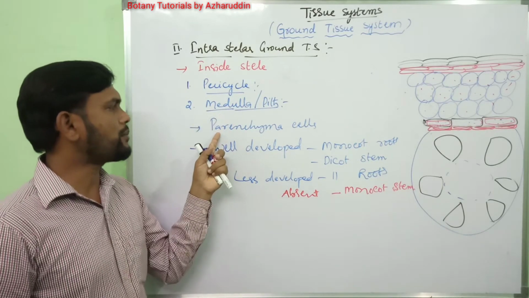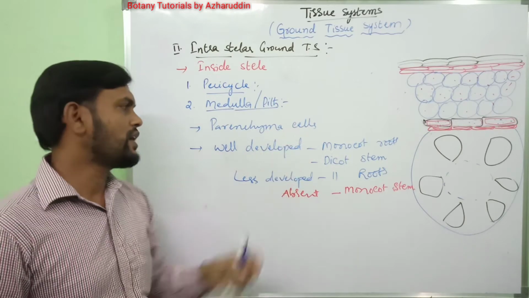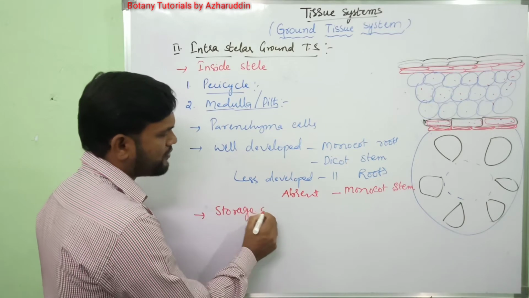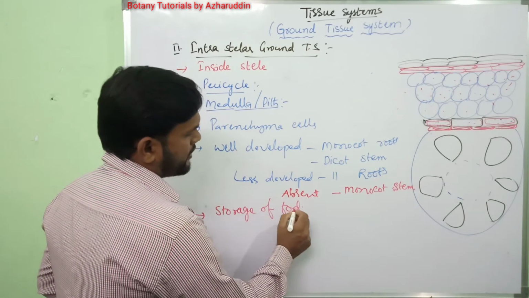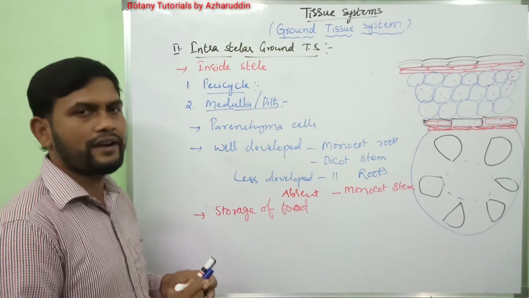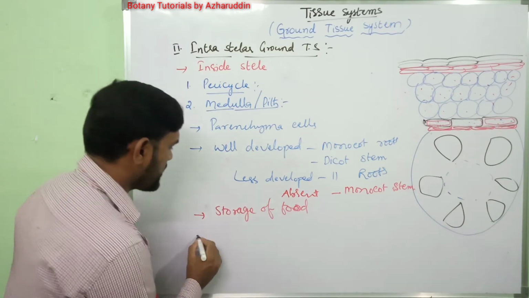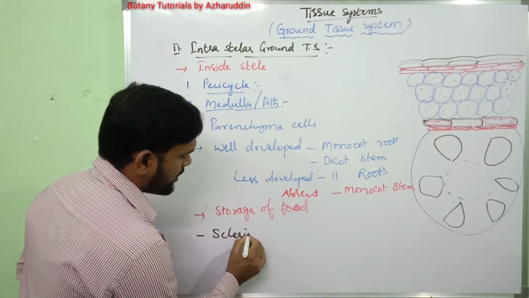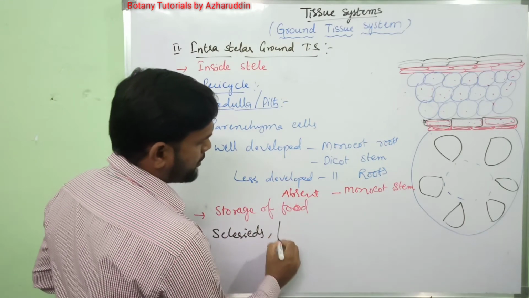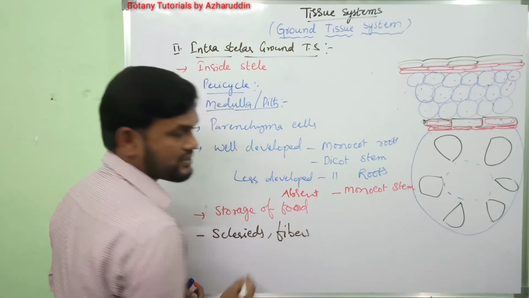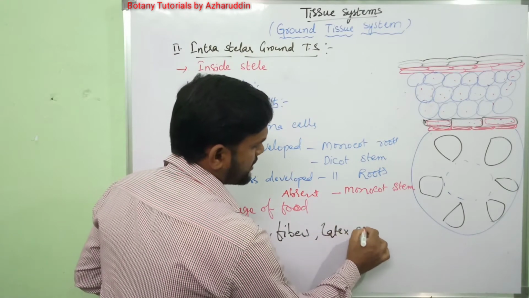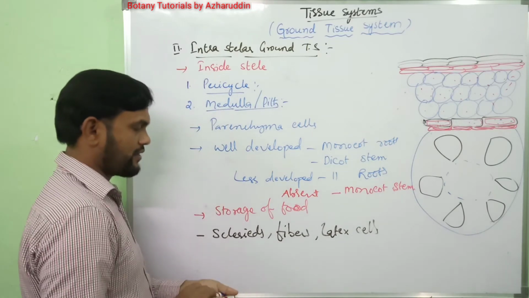Actually, medulla comprises parenchymatous cells which help in storage of food material. In some plants, this medulla also contains sclerites. Otherwise, they are also filled with fibers, sclerites, latex cells and latex vessels.